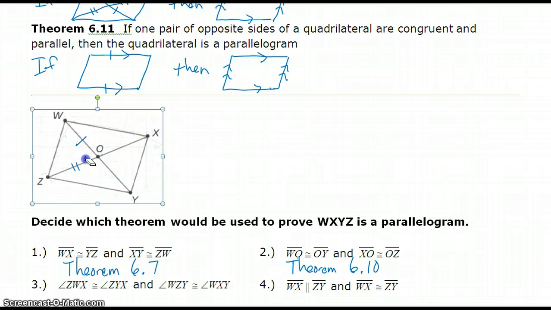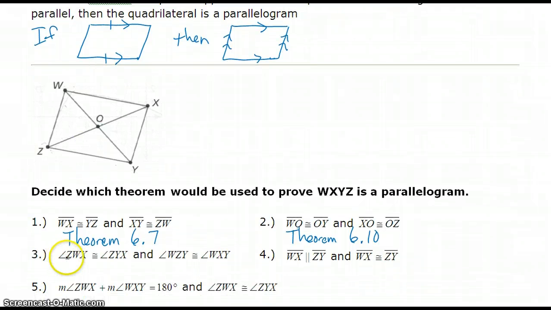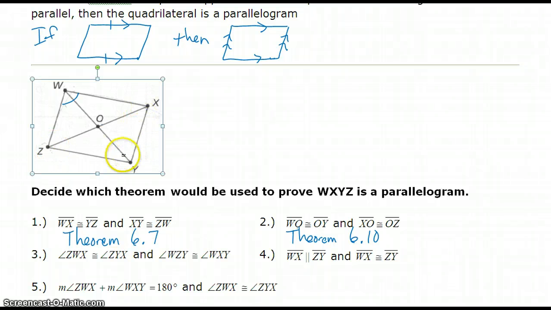I'm going to erase those tick marks for problem number 3. Angle ZWX, Z to W to X, is this angle right here, is congruent to angle ZYX, Z to Y to X, that's this angle. Angle WZY is congruent to angle WXY.